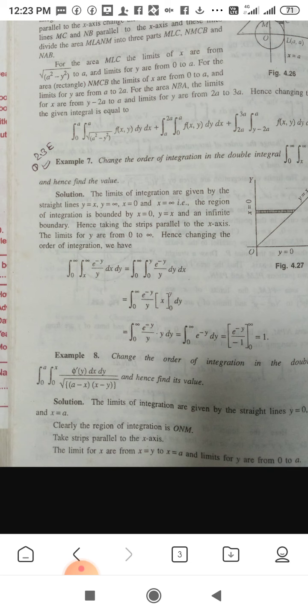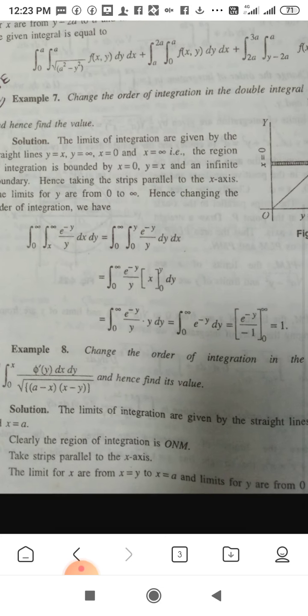In such a case, it may be convenient to interchange the order of integration. Then you can easily find the solution of the problem.